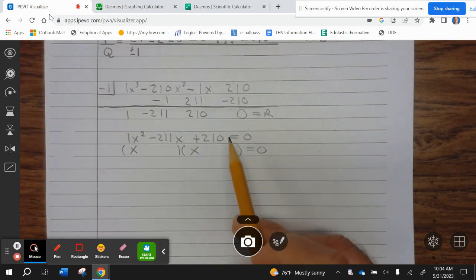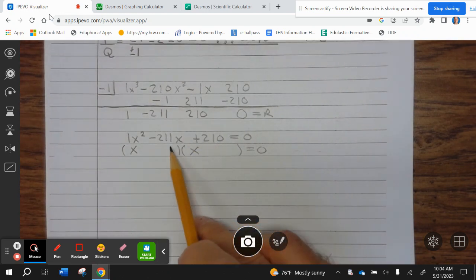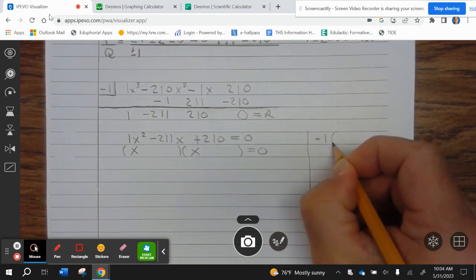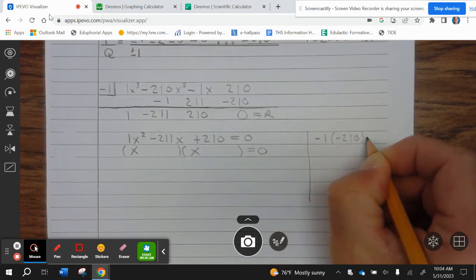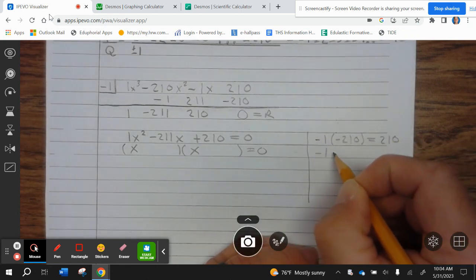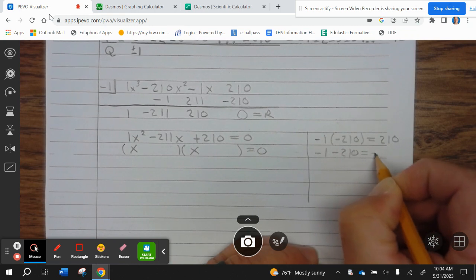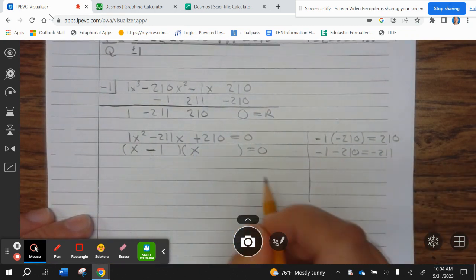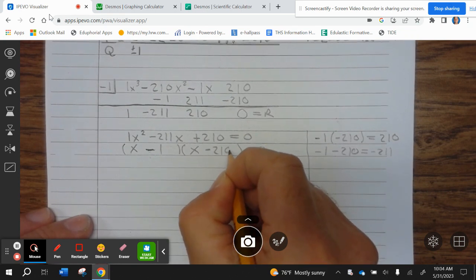Because the last number is positive and the middle number is negative, both numbers have to be negative. So let's try -1 times -210 equals positive 210, and -1 minus 210 is -211. So our factors are x minus 1 and x minus 210.